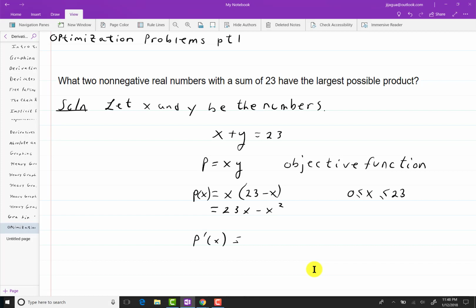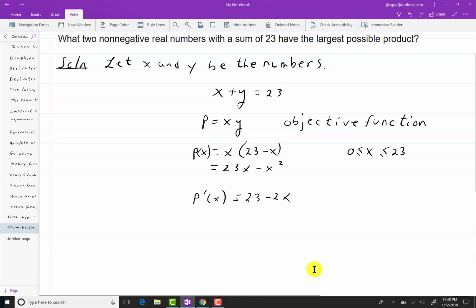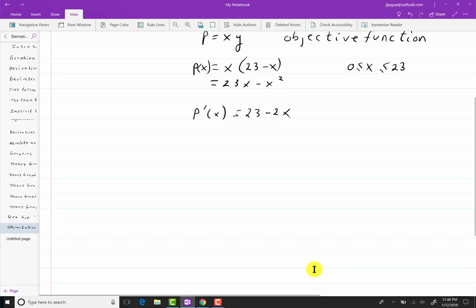P prime of x will equal 23 minus 2x. And you will go ahead and set that equal to 0, and then solve for x like you normally do. x is going to equal 23 over 2. This was a critical number.